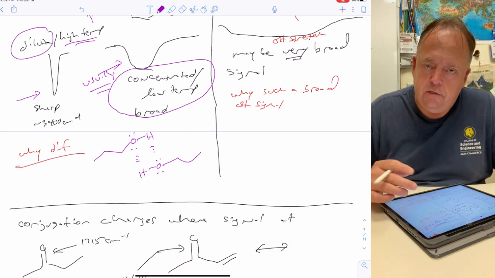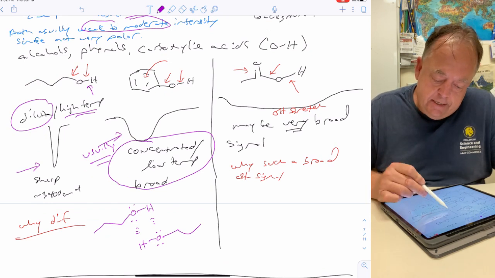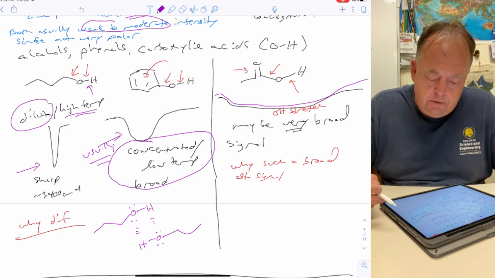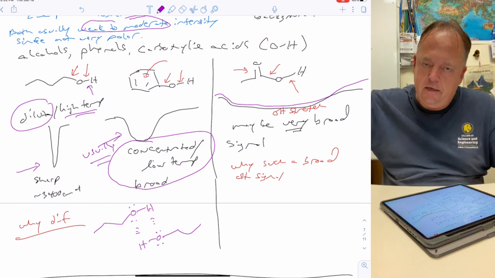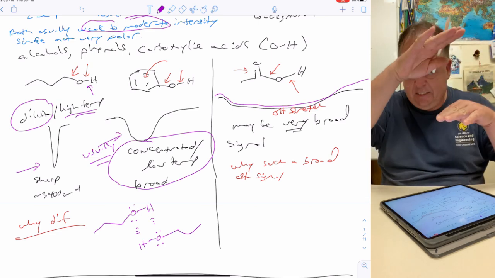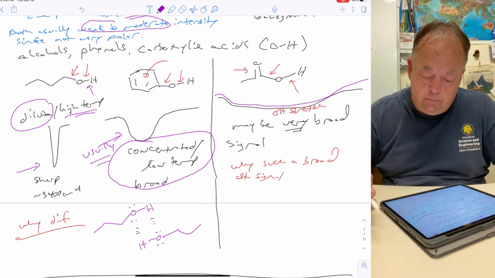The same is true for the NH. For the OH of a carboxylic acid, it typically gives extremely broad OH signals. It may be so broad you can't even tell if there's something there or not. It may almost look like a straight line, but usually you can see something there. Usually it's just really, really broad.